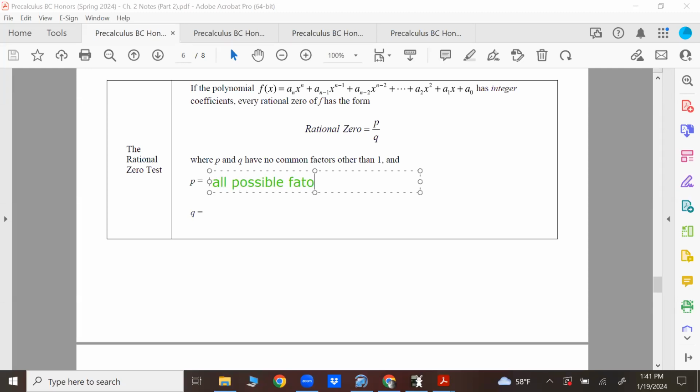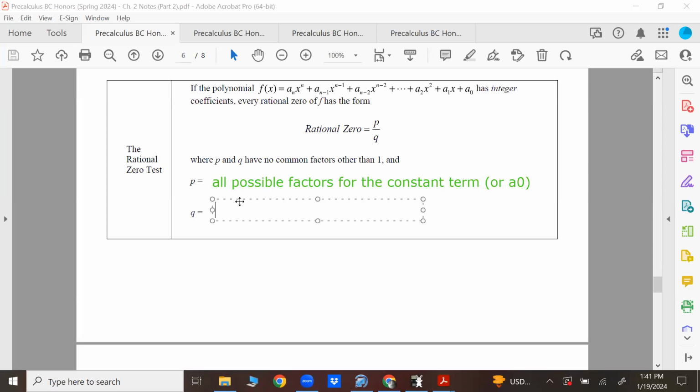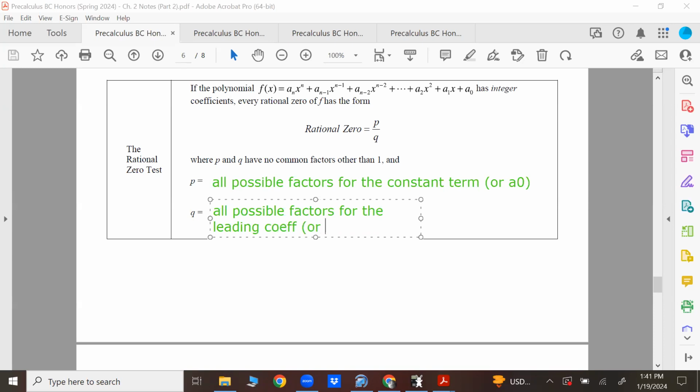all possible factors of the constant term, or a sub 0. And Q represents all possible factors of the leading coefficient, or a sub n.